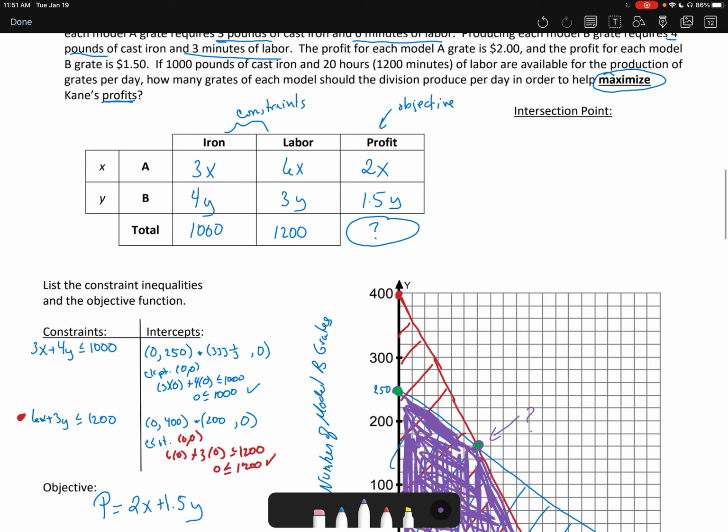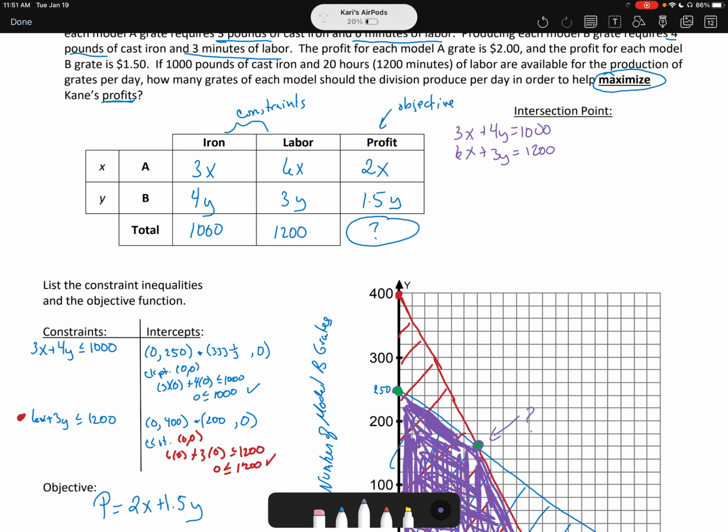So I'll give you an area for an intersection point. We need to find this point. So we have to figure out what is the intersection point between these two lines that we were working on. The 2 lines that we had were 3x plus 4y equaling 1,000 and 6x plus 1,000 equaling 1,200.